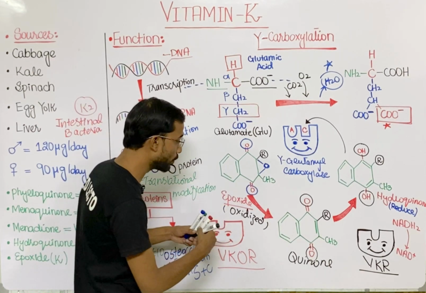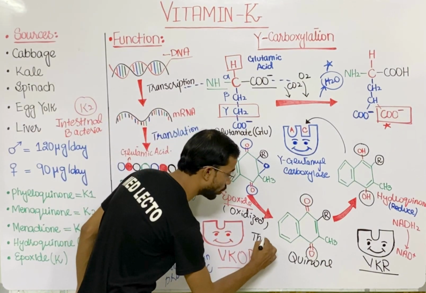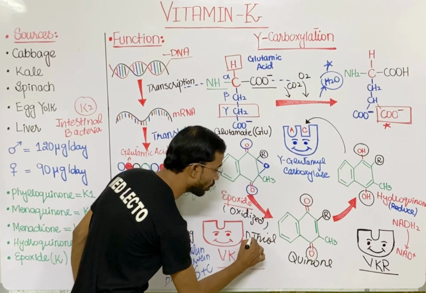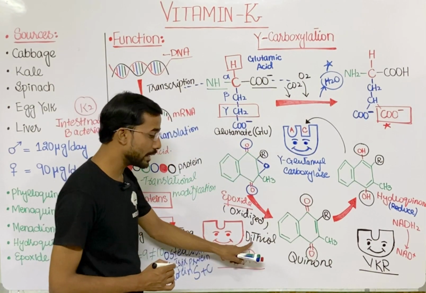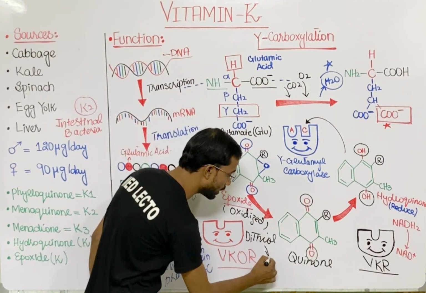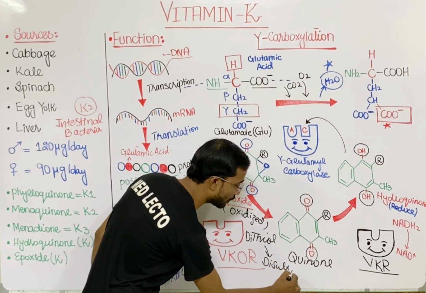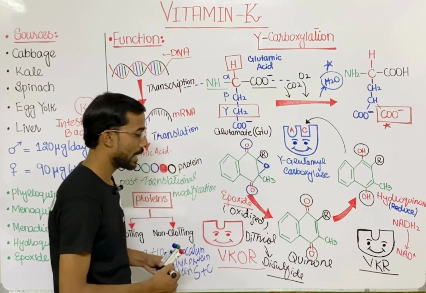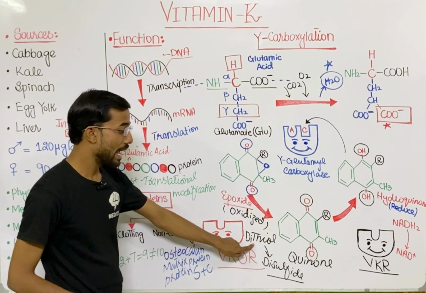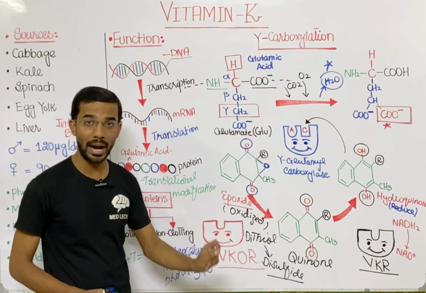So in that scenario, you will see thiol, dithiol, you will see the dithiol convert into the disulfide form. Okay. In this process, here is a compound, and this compound actually gives the two hydrogens.